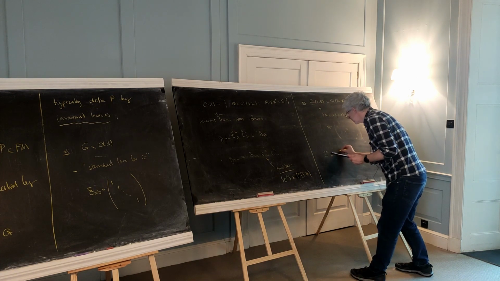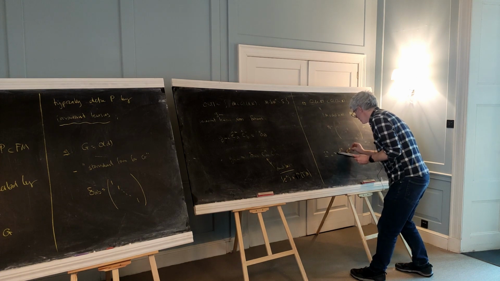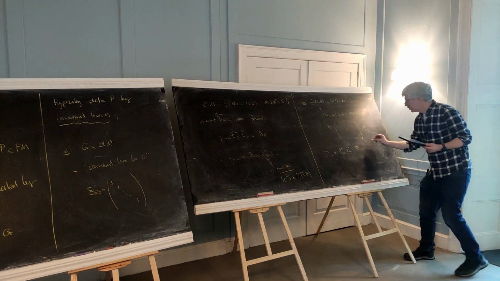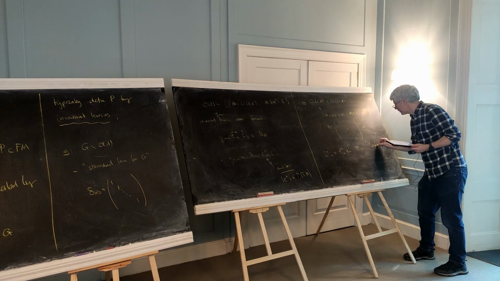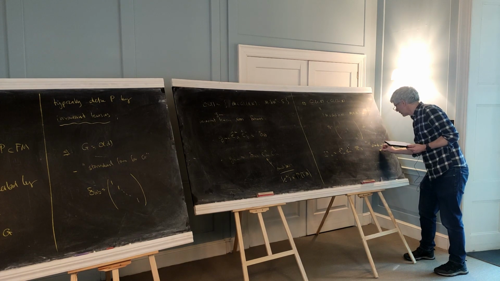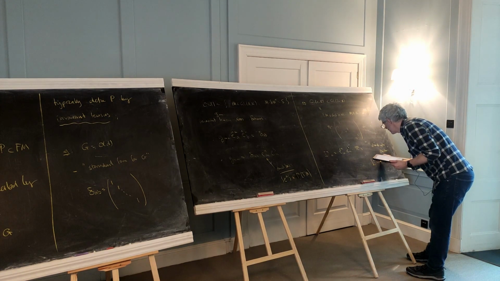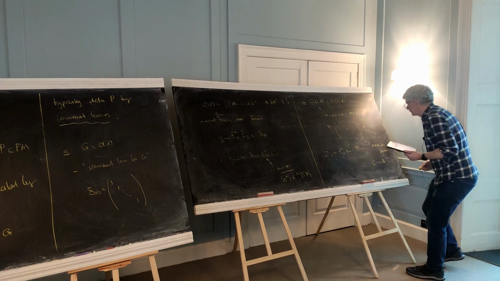So we can think of this as some e hat m^a e_a^n times some pi_ab. And this is what's called the almost complex structure. It has the property that I squared is minus 1.